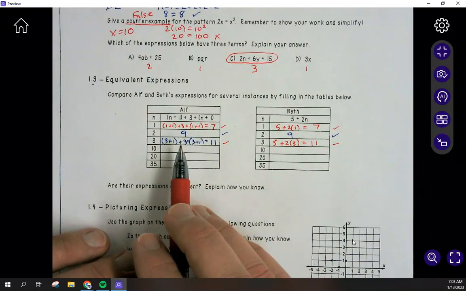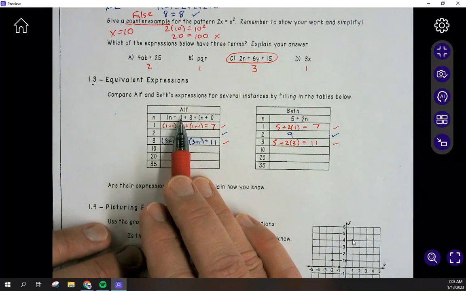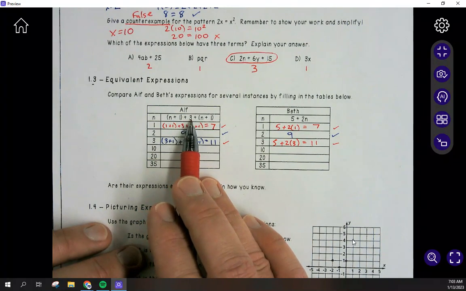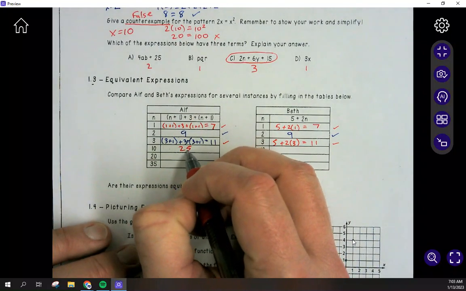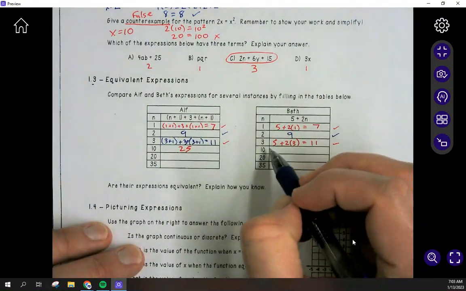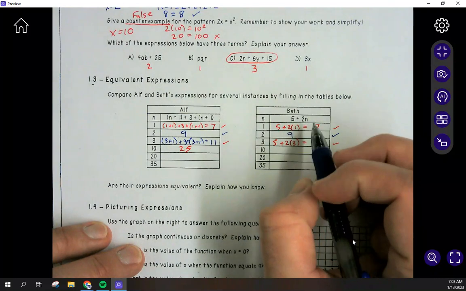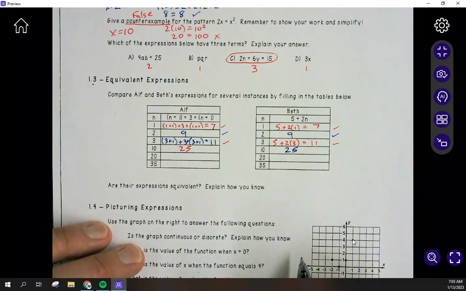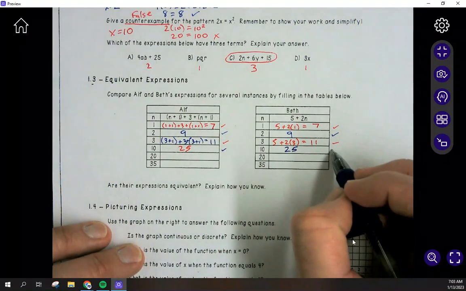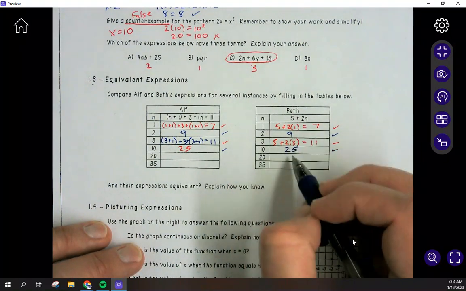You would run the rest of the numbers here. 10 plus 1 is 11, plus 3 is 14, plus another 11, that's 25. 2 times 10, that's 20, plus 5, it's 25. All right, and you can see these are going to be equivalent. They will be equal. I'm going to finish this one out.